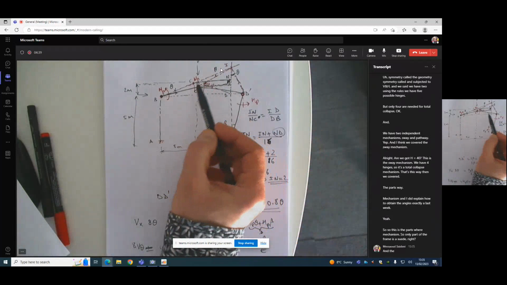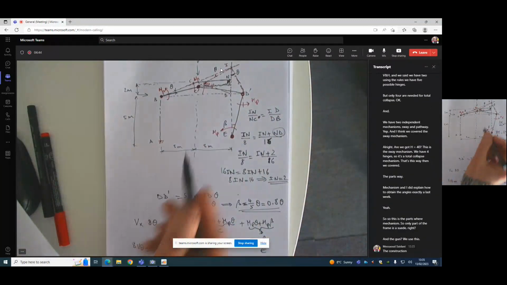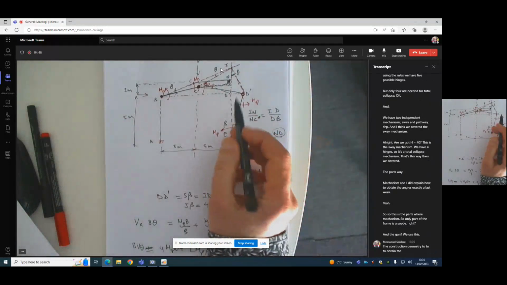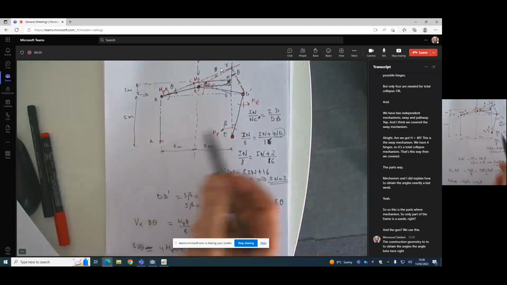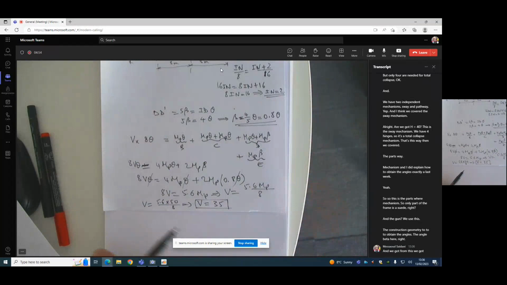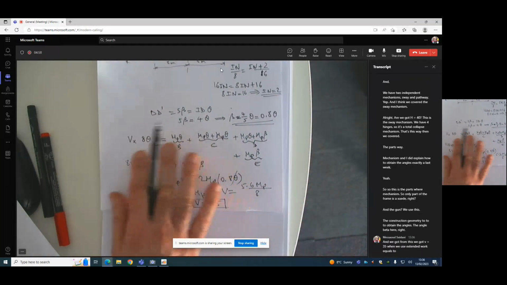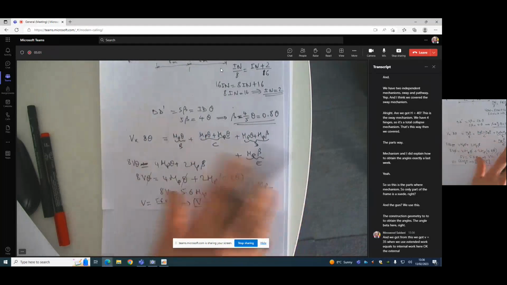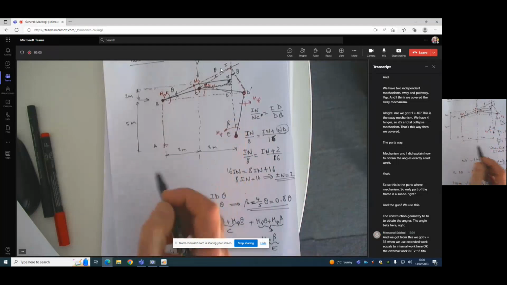And again, we use this construction geometry to obtain the angle beta here, right? And from this, we got V equals 35 when we use external work equals internal work. The external work is V times 8 theta, right?